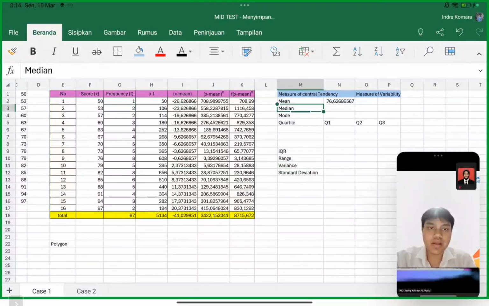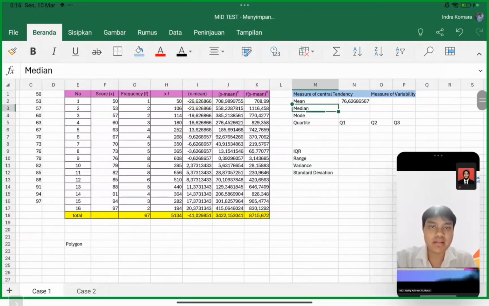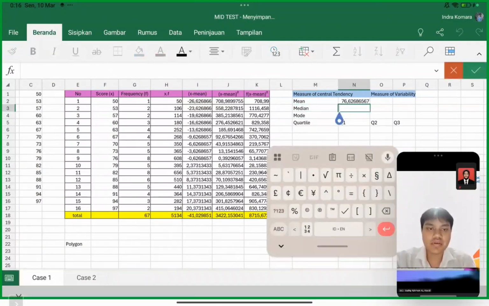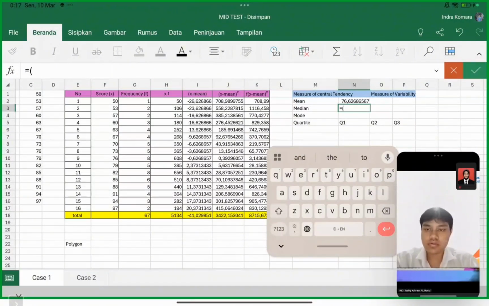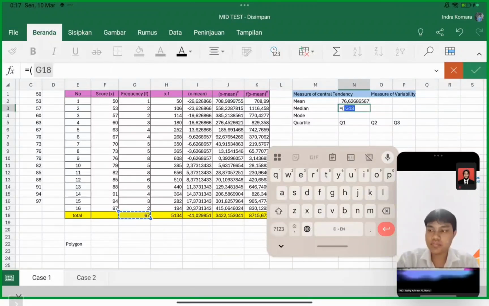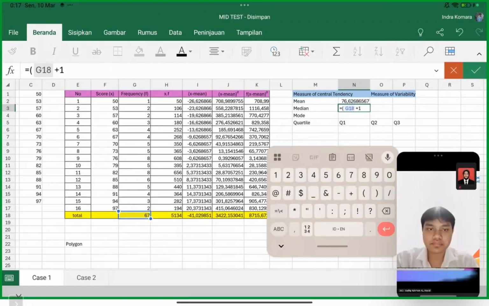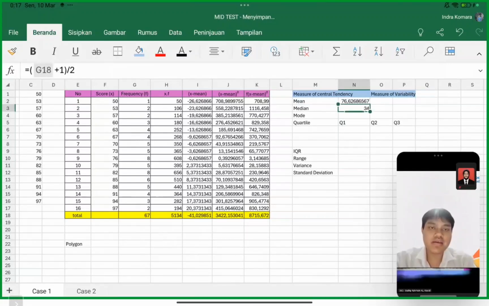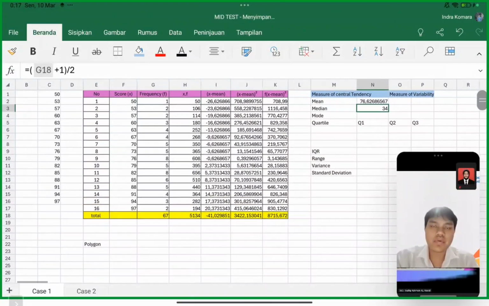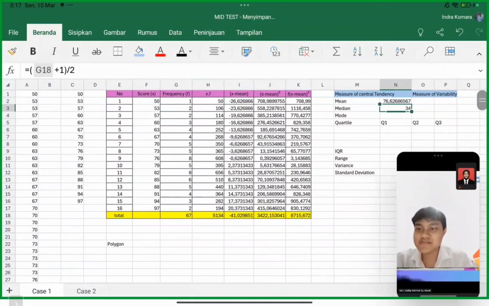So now we should find the median. Median is the total frequency plus 1, divided by 2. Enter, 34. So 34 is the position where I can find the median.